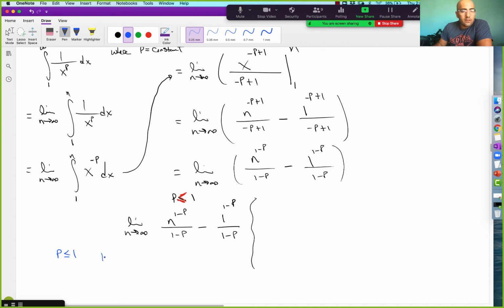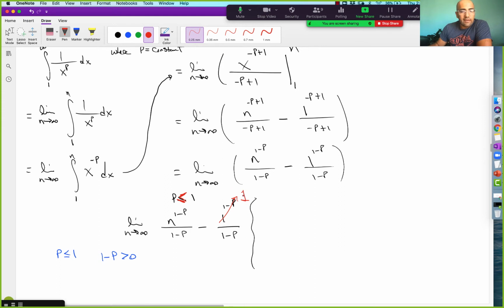Then 1 minus a value that's a little bit smaller than 1 is going to be greater than 0, something a little bit bigger than 0. This 1 is just going to be 1, so this is just minus some constant. 1 to the power of anything is just 1, and 1 over this is just some constant.